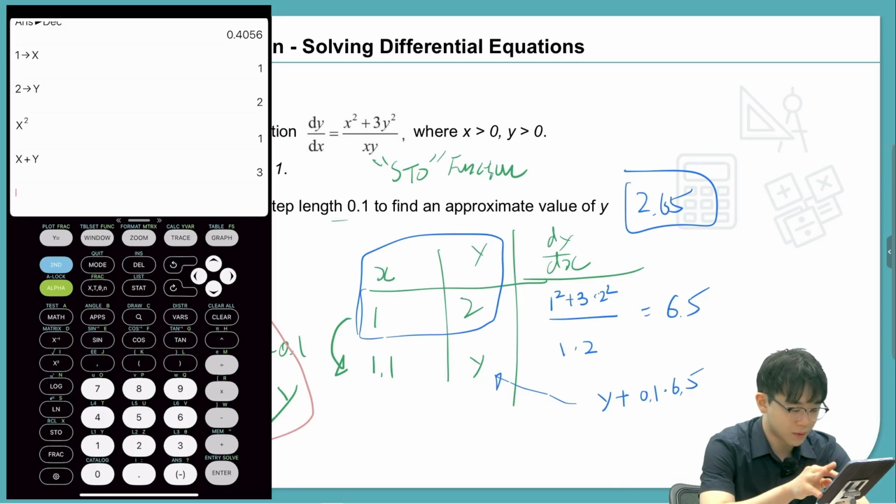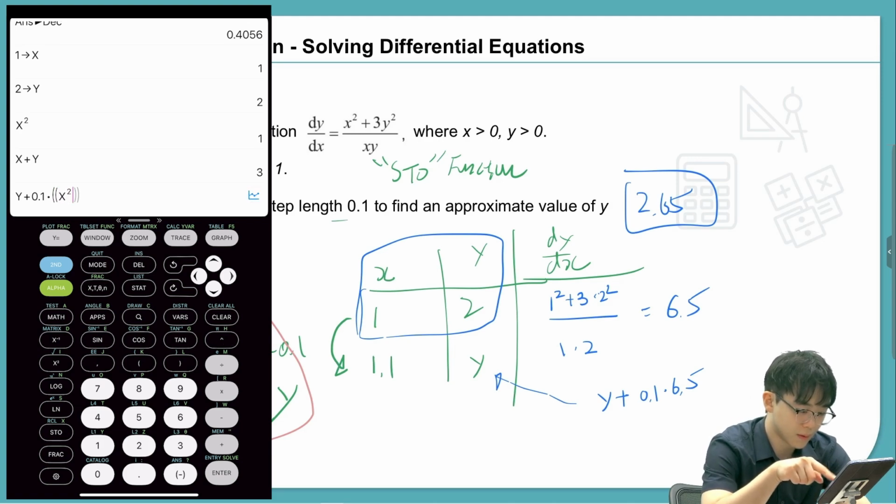Now what I'm going to do is take my y. I have my y, but I'm going to add 0.1 times the slope, right? So it's x squared plus 3y squared, and then I'm going to divide that by x times y. And then that's going to update my new value of y.